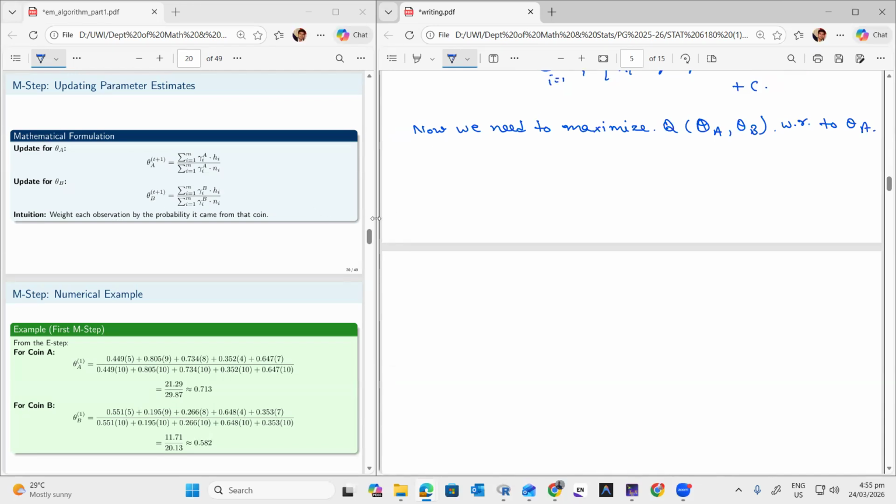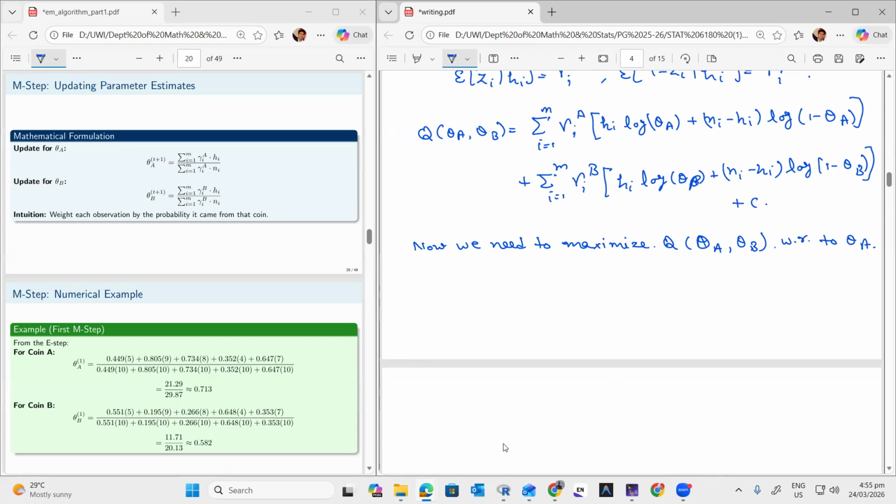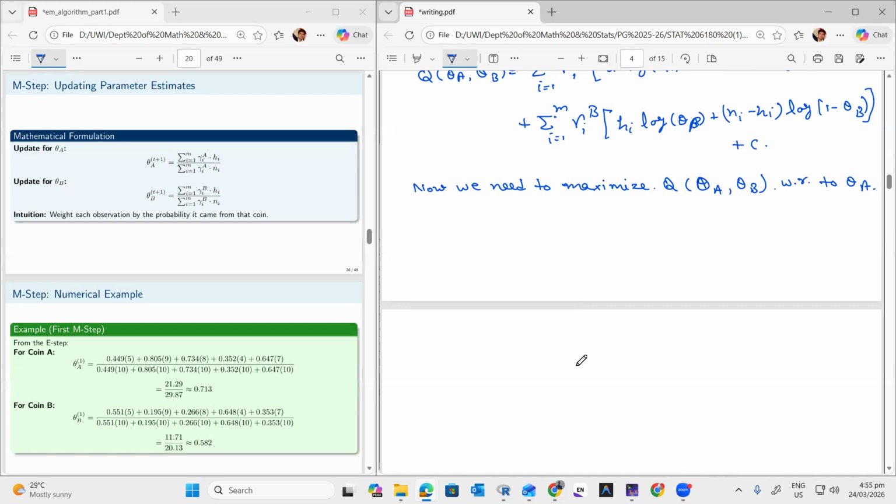Consider the part where theta A is involved, because to find the maximum you need to find the derivative with respect to theta A. At that time this term will be 0, so only this term will be there. So we are going to find the derivative of QA.